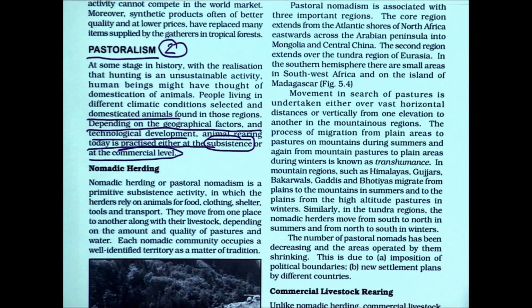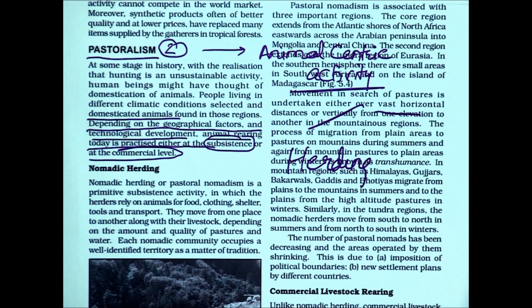So when I have to pick up the meaning of the term pastoralism as a primary activity, I'll say it is essentially related to animal-centric activity which involves two prominent types. One is called herding and two is called rearing, and this difference you need to understand.